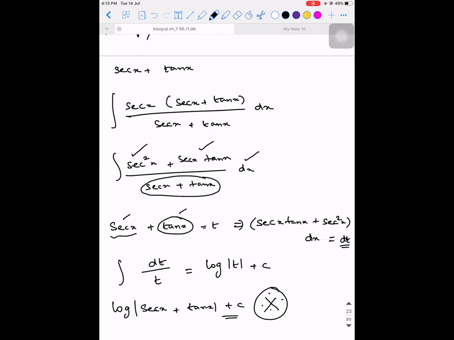Oh, observe, secant square x plus secant x tan x, the whole multiplied with dx is dt. Okay, sir. Done.